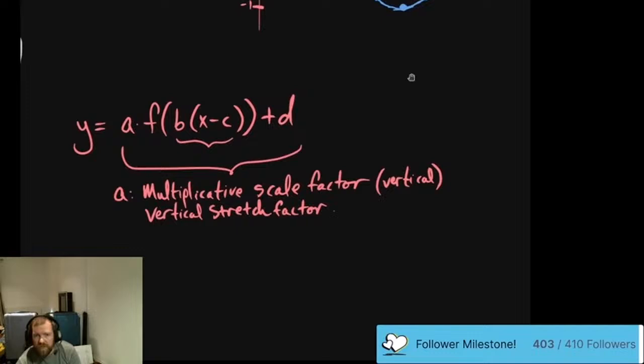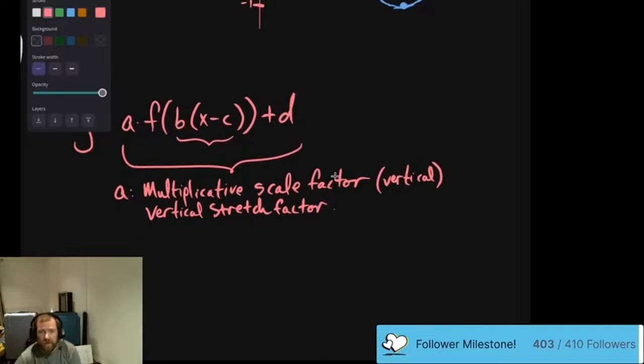So our vertical stretch factor is also known, in terms of trigonometric functions specifically, as what's known as the amplitude. So you probably heard of amplitude modulation, which is one of the options that your stereo, your radio has.